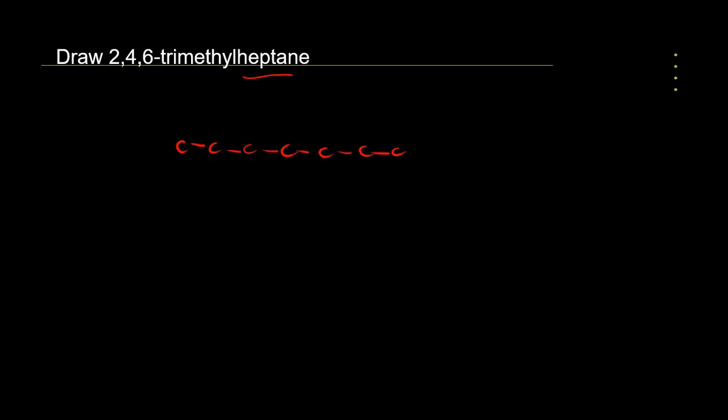And then number 1, 2, 3, 4, 5, 6, 7. And then the trimethyl tells us that there are 3 of the methyls. So it's at 2, and it's at 4, and it's at, this is the wrong one. Okay, and it's at the 6th one. So you just continue writing your hydrogens.